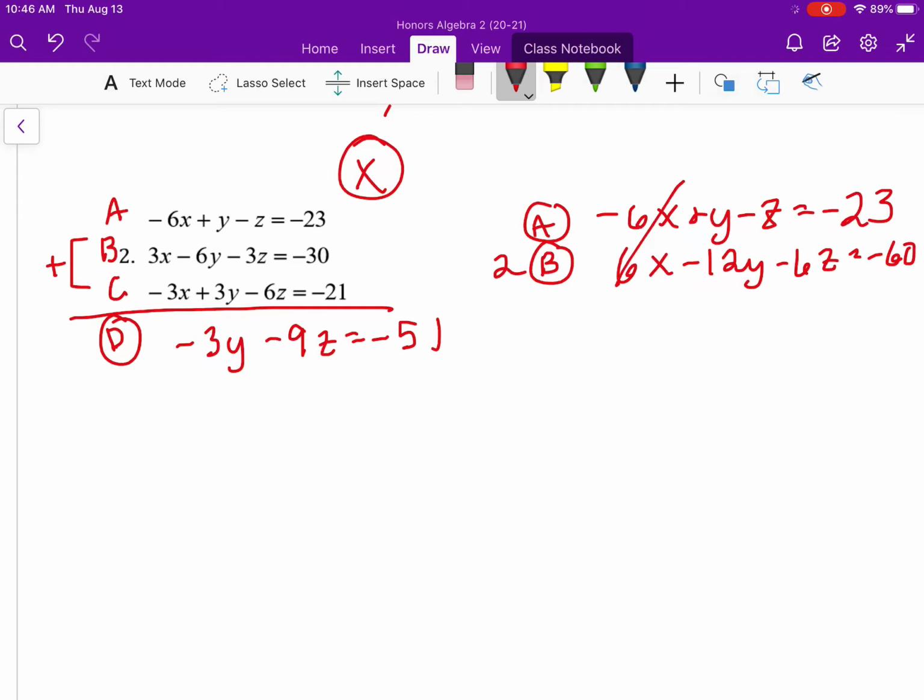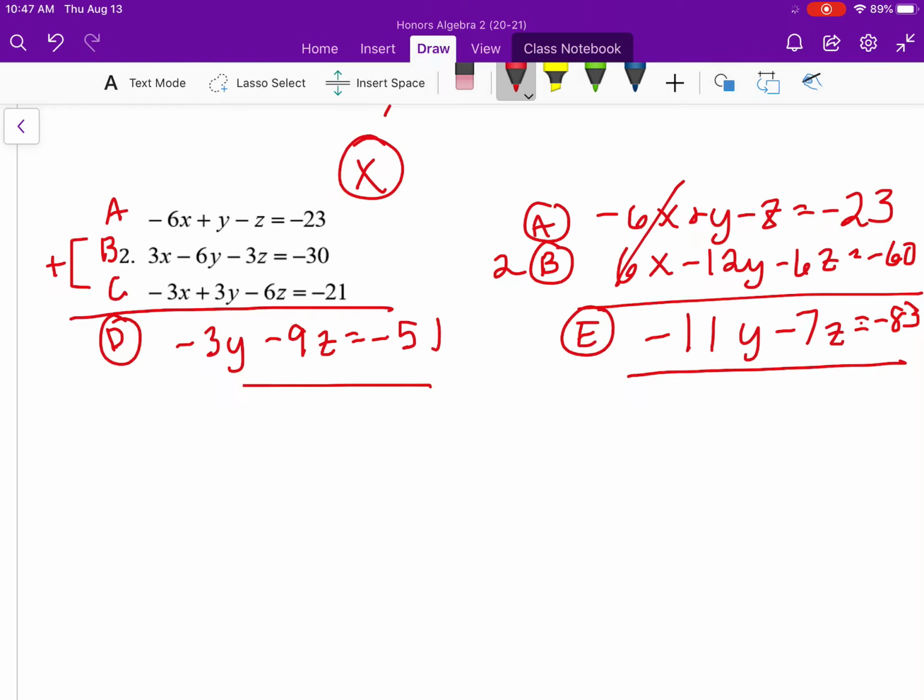So when I do this, my x's will cancel out again. I'm going to get -11y minus 7z. That looks really hard to read. So let's see, -11y minus 7z equals -83. Okay, this is my E.